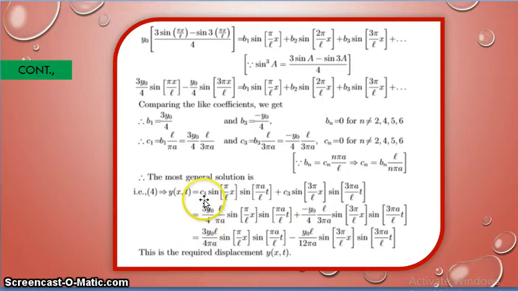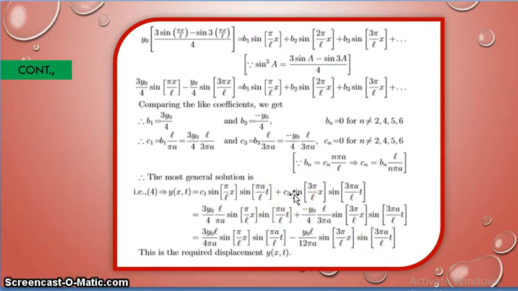What are c1 and c3? c1 is nothing but b1, c3 is nothing but b3. Substitute the values here. So the final solution is 3 y naught l divided by 4 pi a, sin(pi x by l) sin(pi a t by l), minus y naught l divided by 12 pi a, sin(3 pi x by l) into sin(3 pi a t by l). So these are the final required solutions for this problem.